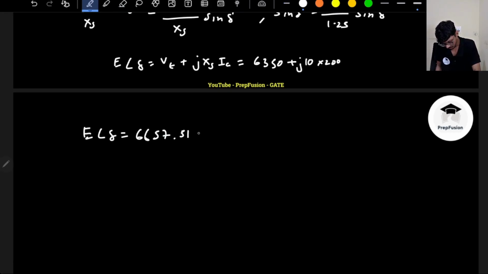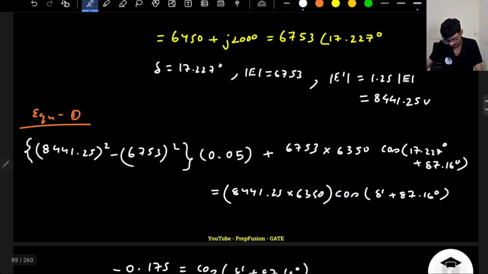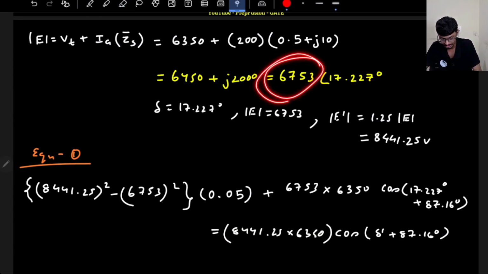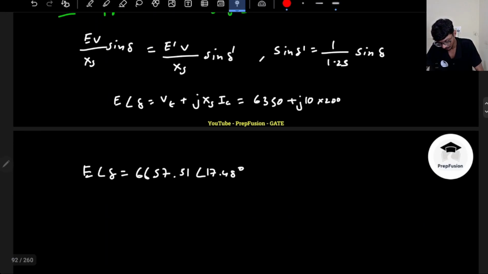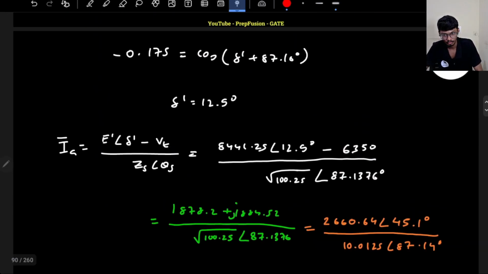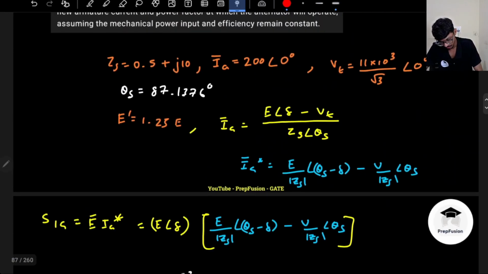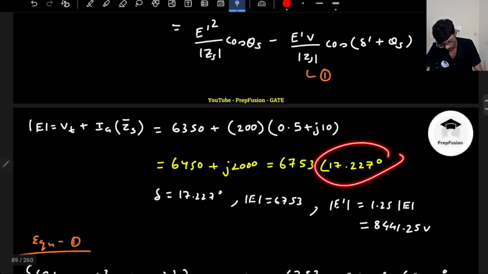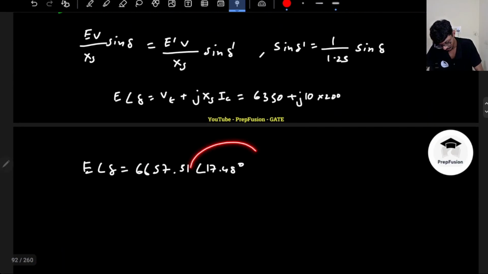And delta will be tan inverse of 2000 upon 6350, so 17.48. Now if you observe, with exact I was getting 6753 and 17.227. So the magnitude was kind of wrong, but your delta is almost to the point. Here it was 17.227, here it is 17.48.